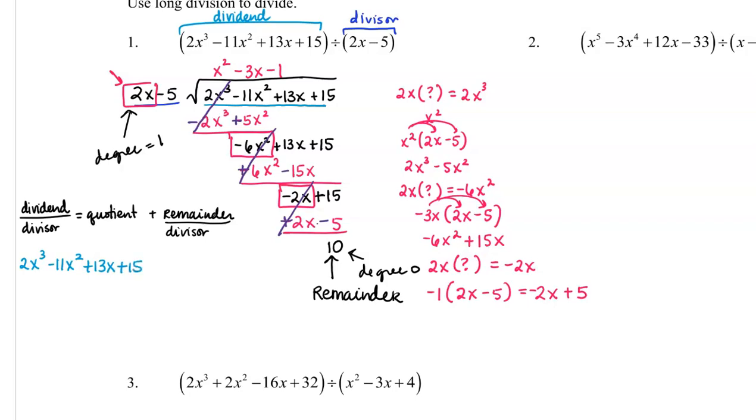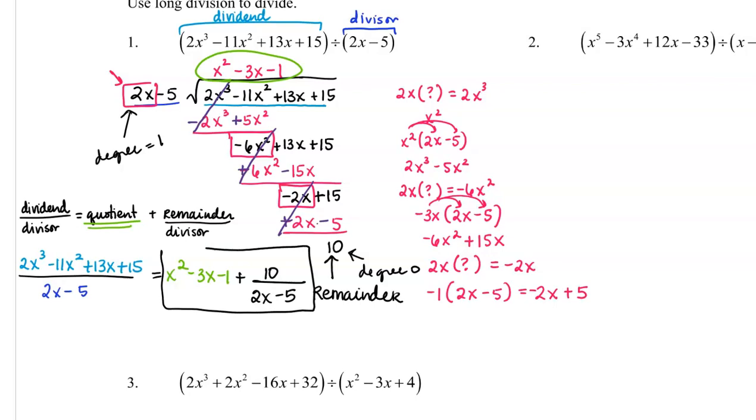And that was divided by our divisor of 2x minus 5. And that is equal to our quotient, which is x squared minus 3x minus 1, plus our remainder. Our remainder is 10, and the remainder stays over the divisor of 2x minus 5. So this here is our answer to this division.